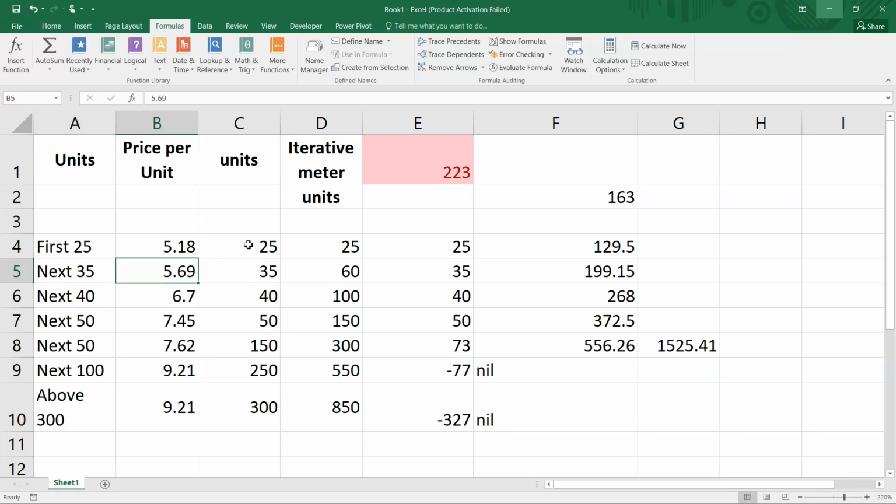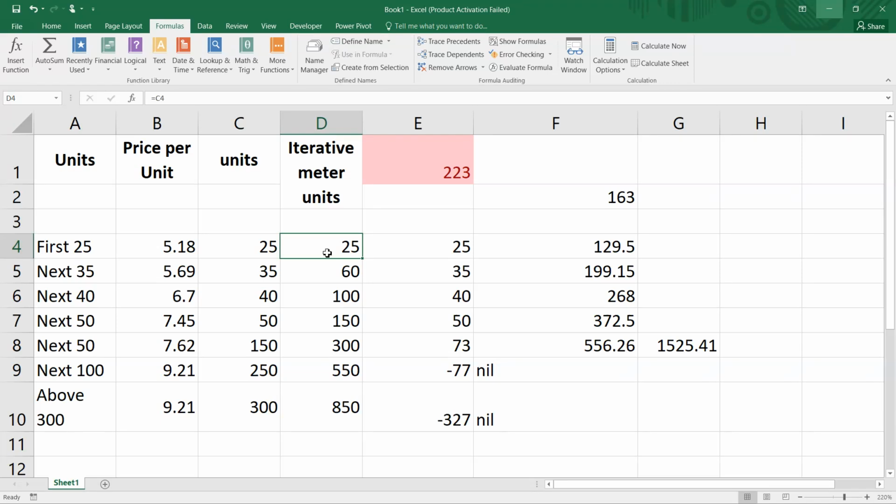Now I have created a column. This is a static column in which I have written these values: first 25, next 35, and all those units. And in this I have made an iterative calculation. Whatever billing amount the person is holding, he has to pay for the first 25 units.